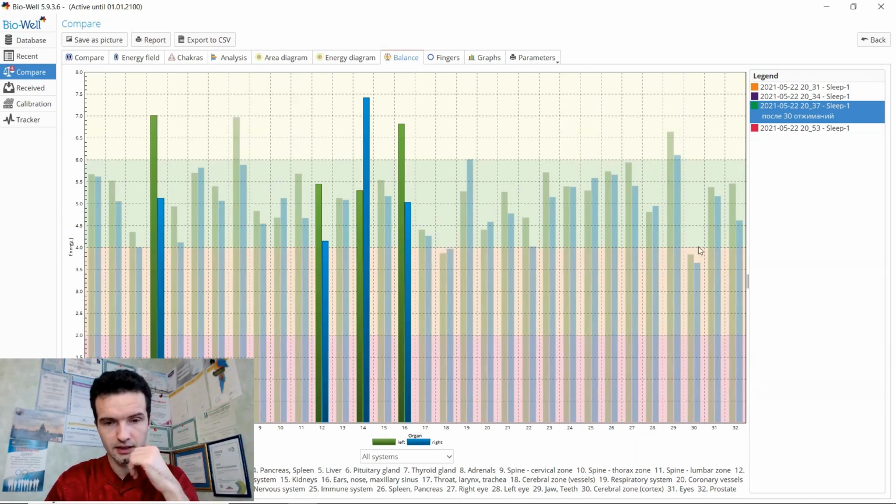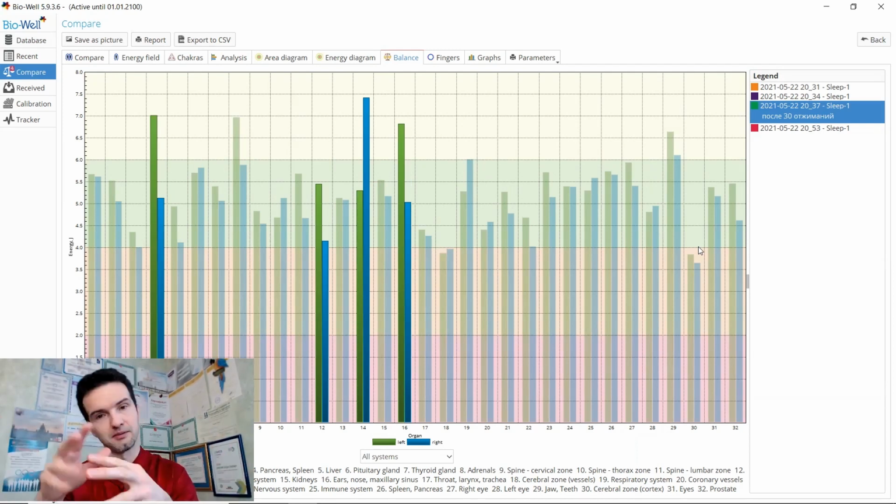So it means that most probably, when you see these sectors connected with the cerebral zone vessels and cortex, this person is not sleeping well or is not going to bed early enough. So most probably, if you ask such a person when he or she is going to bed, the answer will be after midnight. And this is the case.